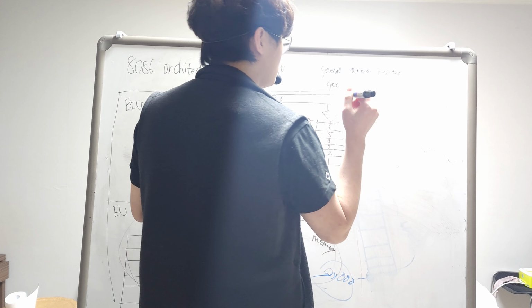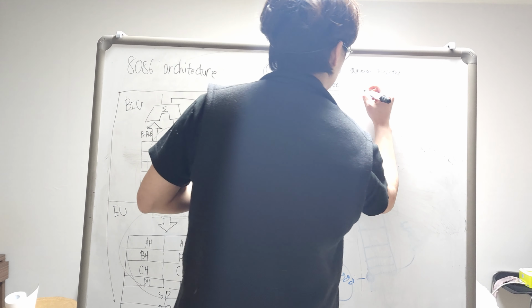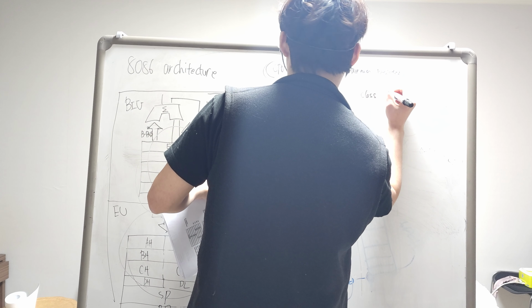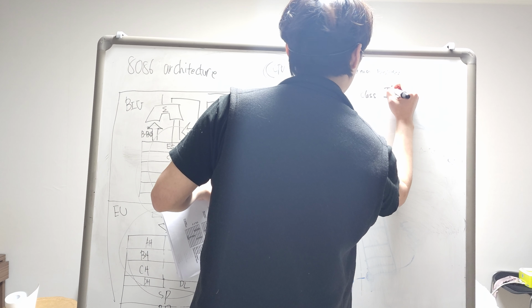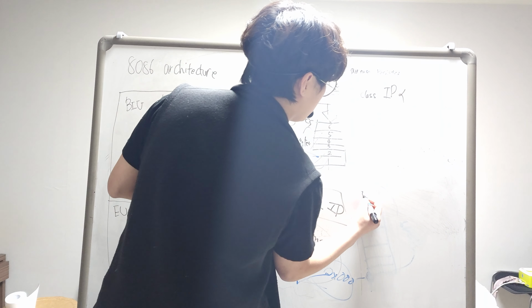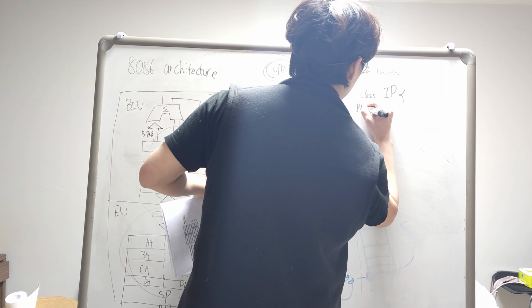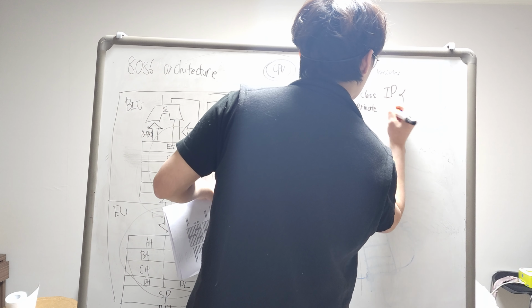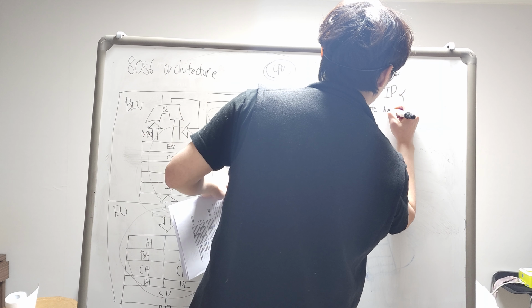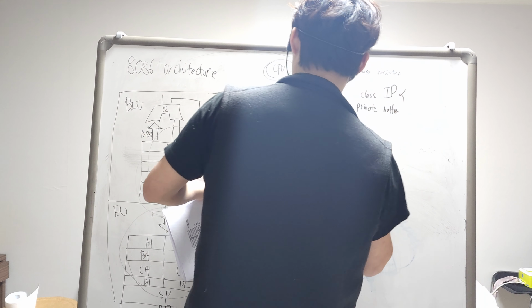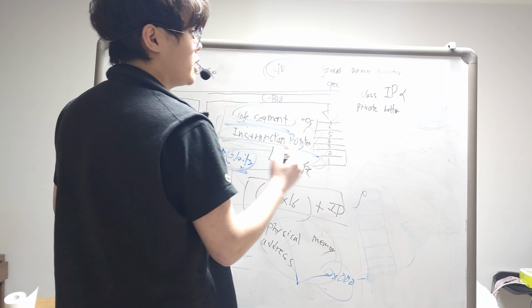So what I did was make a class of instruction pointer, let's say IP, and put a private buffer, because the size of the instruction pointer is 16 bits, right?